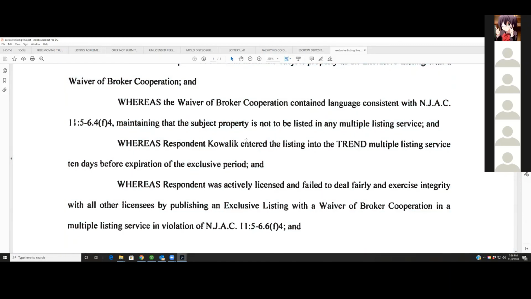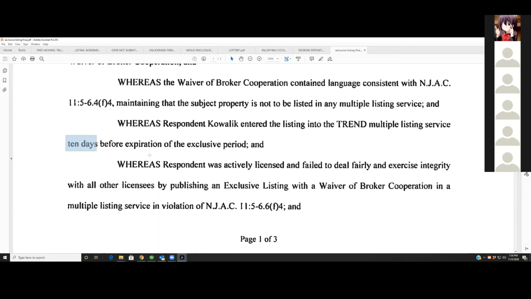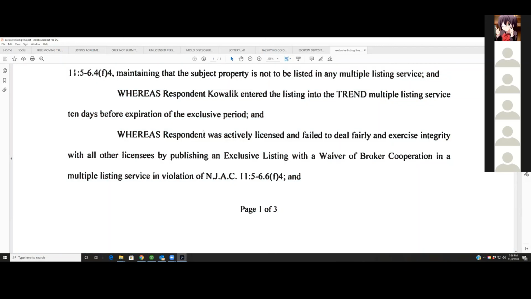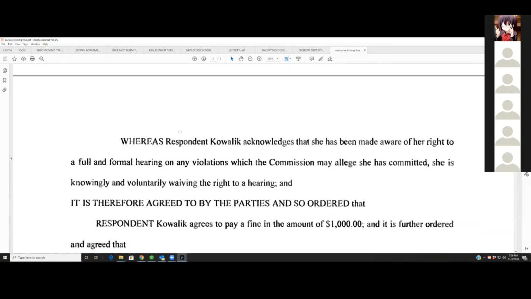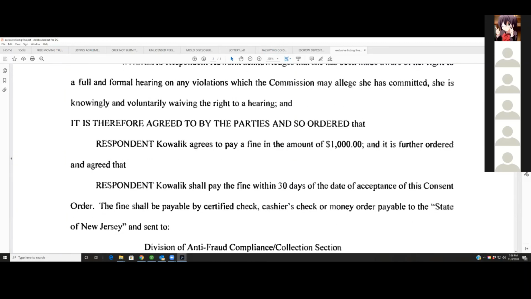Then she entered the listing into Trend multiple listing service 10 days prior to expiration. So she failed that agreement, was in violation, and paid a $1,000 fine.